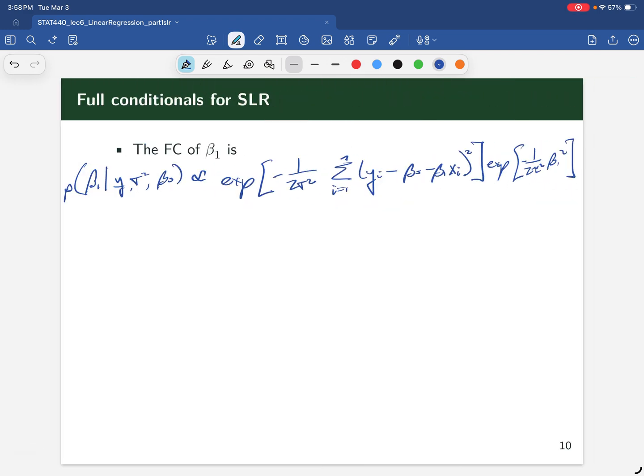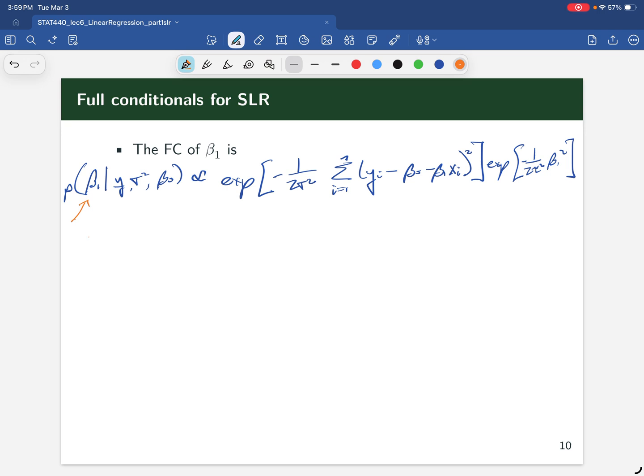Okay, now this gets tricky mathematically. The math isn't hard, but it can be hard to keep things straight. The argument of our posterior density is beta 1. And so we're going to want an expression that's written in a familiar form for beta 1.